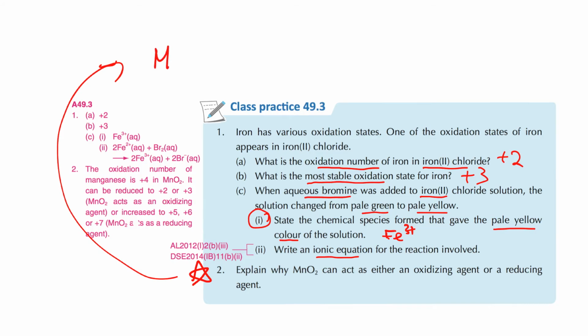For this one, the oxidation state is +7, so it has room to go down to +2. So it can be reduced to different oxidation states, and also it can be increased to different oxidation states. So therefore, this one can act as both oxidizing agent and reducing agent.